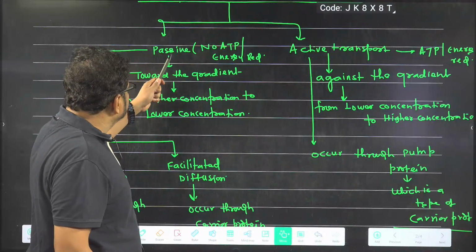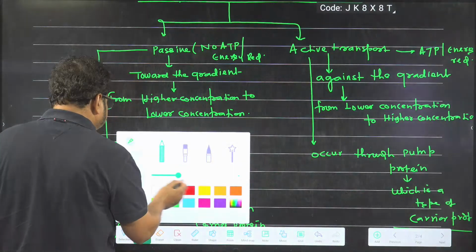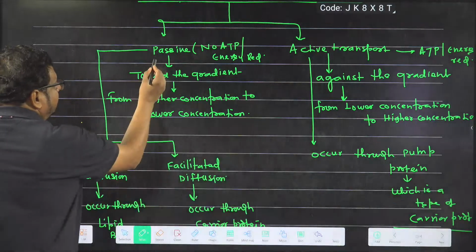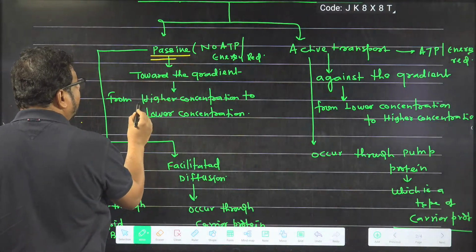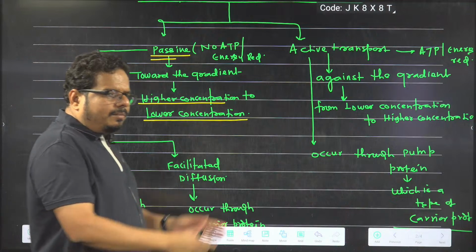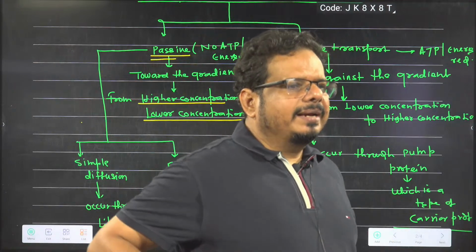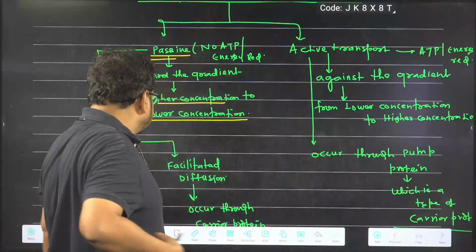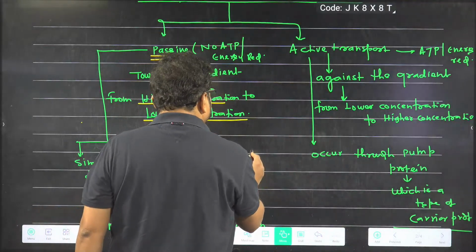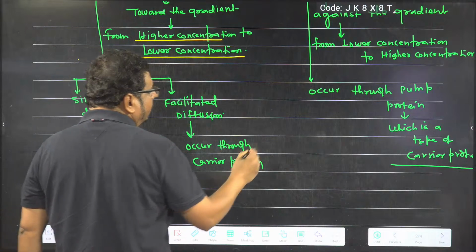Passive transport doesn't require energy, and I also wrote in this slide that passive transport always occurs from higher concentration to lower concentration. It always moves from more to less. Got the idea? So osmosis, I wrote, is a type of diffusion. When water is moving across the membrane, it is called osmosis.